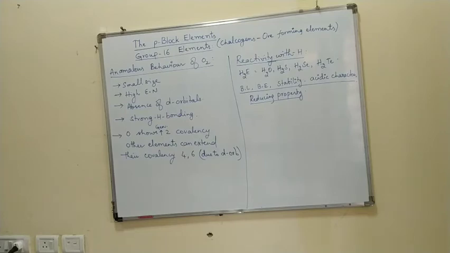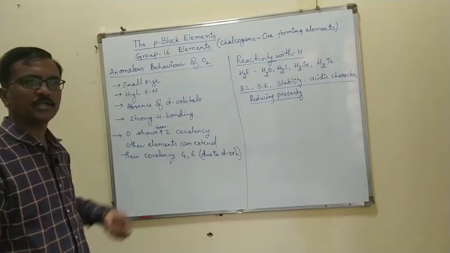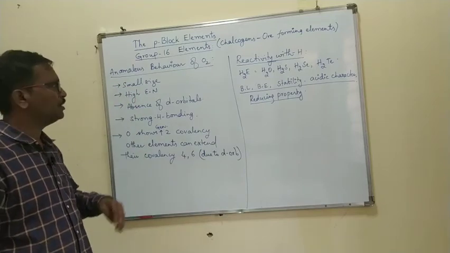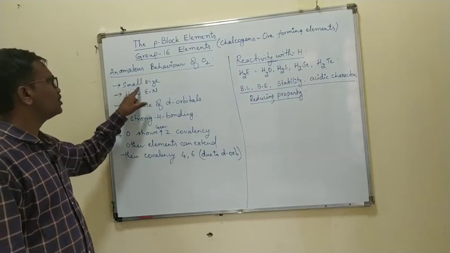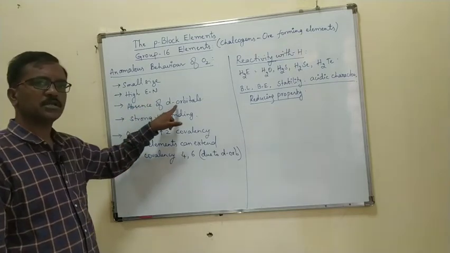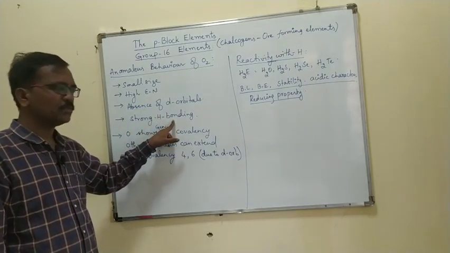Next one, anomalous behavior of oxygen. Anomalous, extraordinary behavior of oxygen, right? When compared to other elements, oxygen shows anomalous behavior due to small size, high electronegativity, and absence of d orbitals. It forms hydrogen bonding, right?